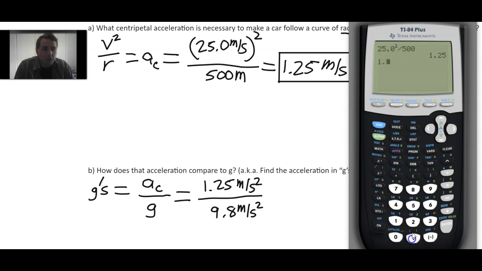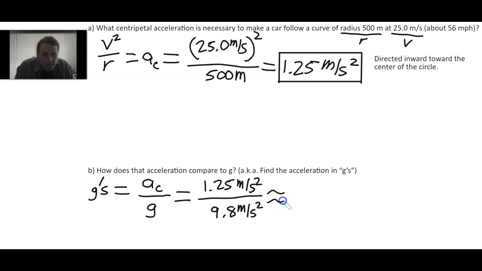So we need 1.25 divided by 9.8, and we can round it to about three significant digits. So approximately 0.128, sorry, I said that wrong before, g's. So this is the amount of g's.